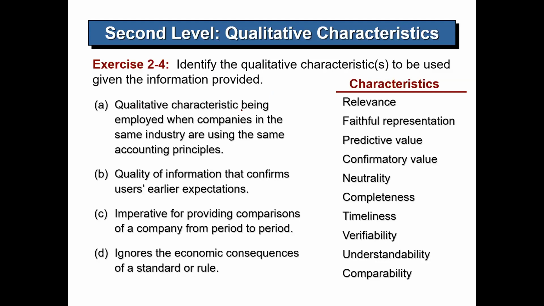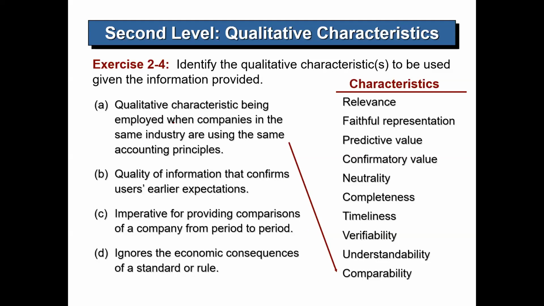Which qualitative characteristic is being employed when companies in the same industry are using the same accounting principle? Different companies are using the same accounting principle, so it is comparability.